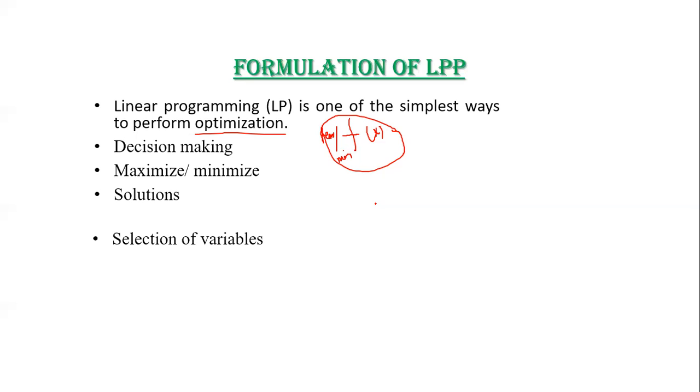So how can you formulate? When we have raw data, the raw data means certain information is there. What type of materials are required to manufacture a certain product, what types of machines we have to use to manufacture the product, and how many persons are involved in the manufacturing process.